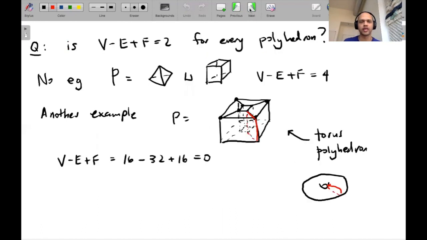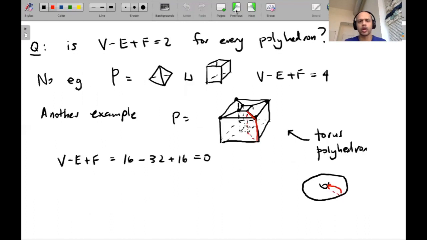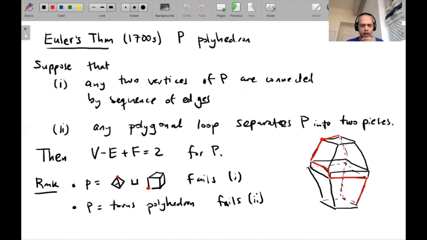This Euler's theorem is saying that V minus E plus F knows something about the topology of P.